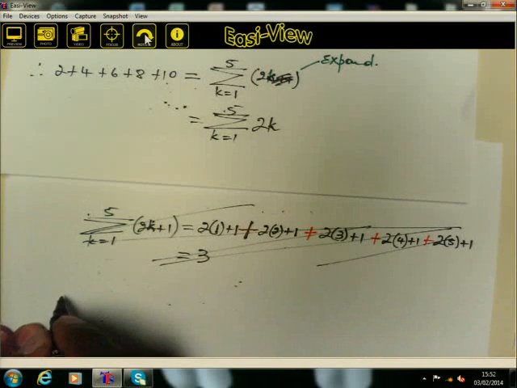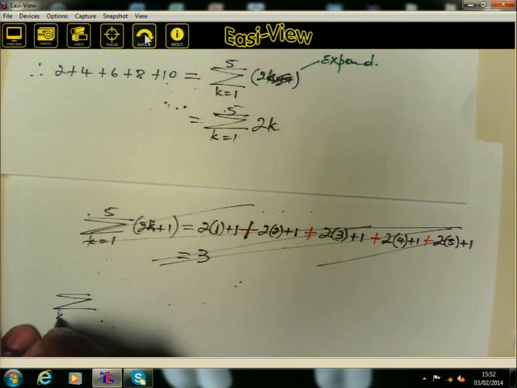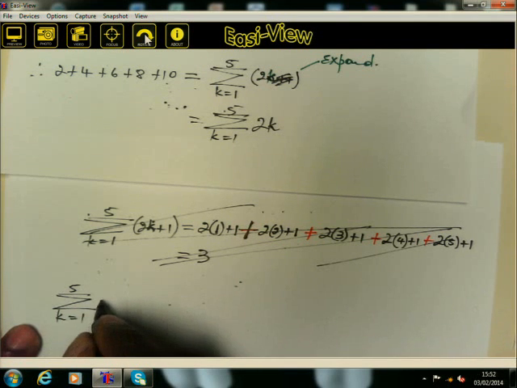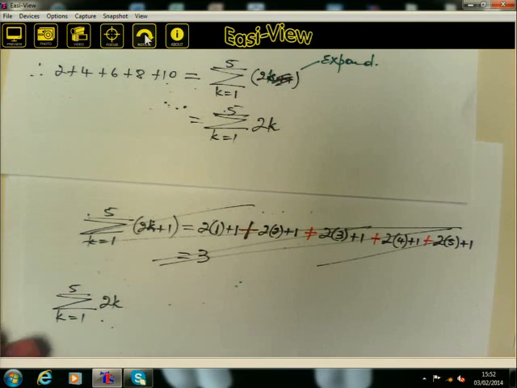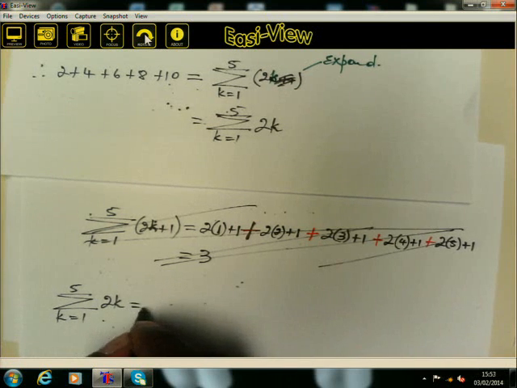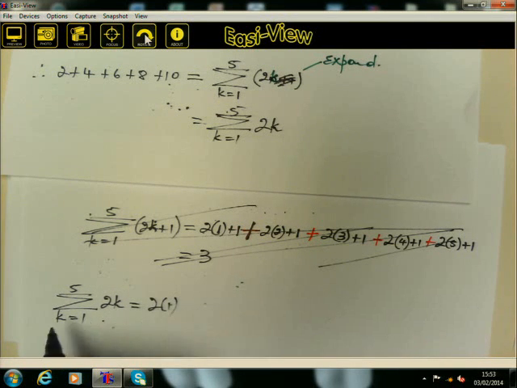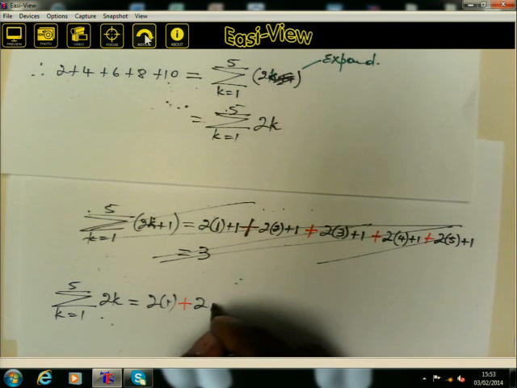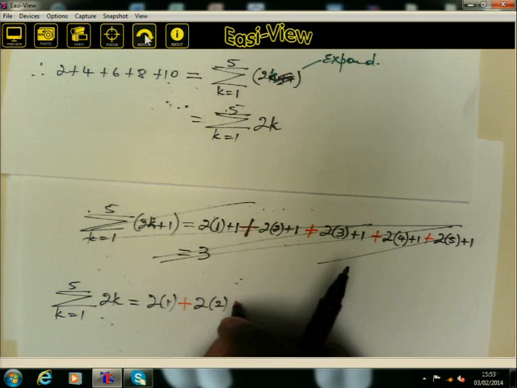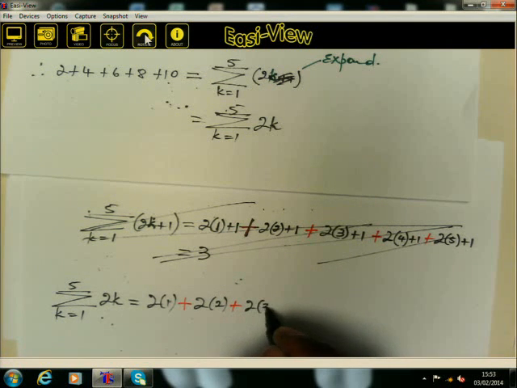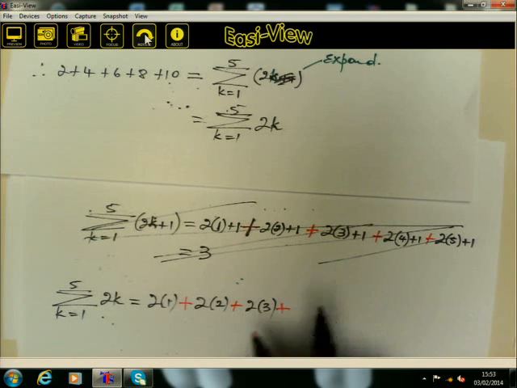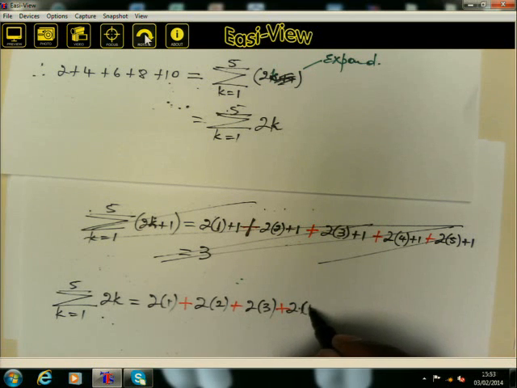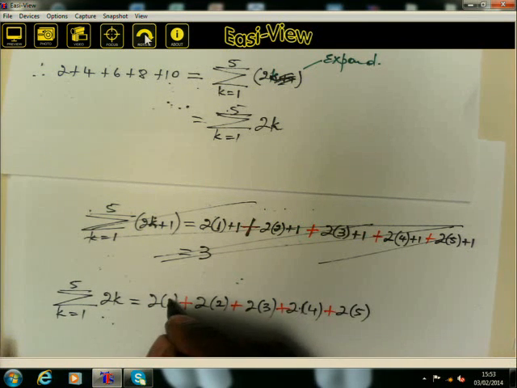When we expand, we're saying k will start from 1 up to 5 for the general term 2k. So we have corrected that. We expand it. It will be 2 times 1 for that one, and then plus 2 times 2, and then we add 2 times 3, we add 2 times 4, then the very last one we add 2 times 5. Thank you, folks. Now we have got it right.